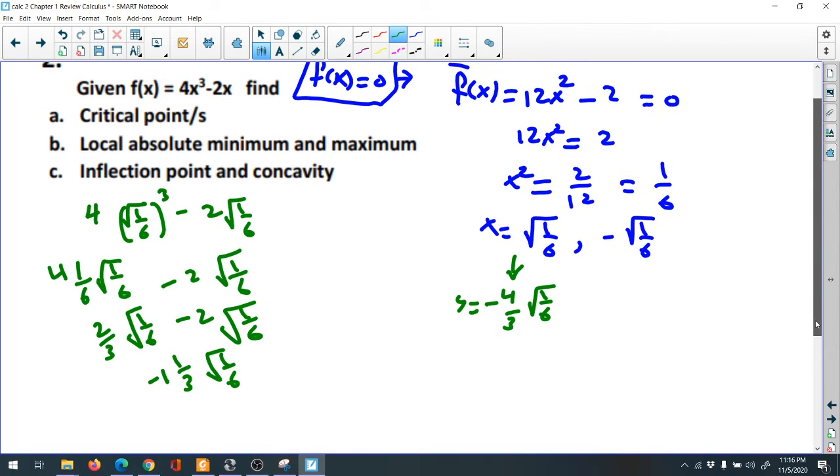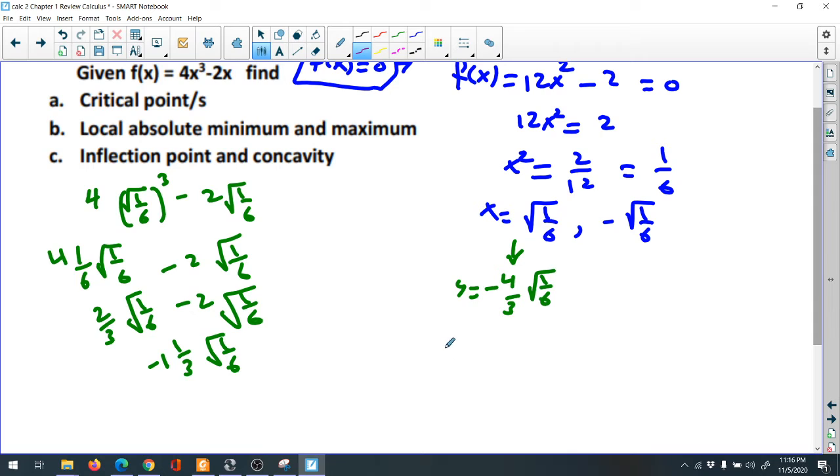So the first critical point will be square root of 1 over 6 and negative 4/3 square root of 1/6. And the second critical point, which is negative square root of 1/6. We replace negative here. If we replace negative, then the cubed term will be negative. It's the same, but it will be negative.